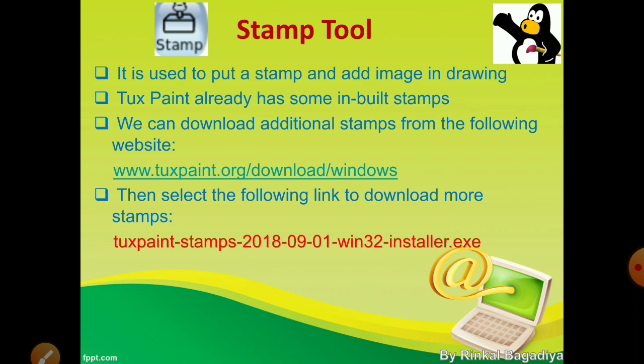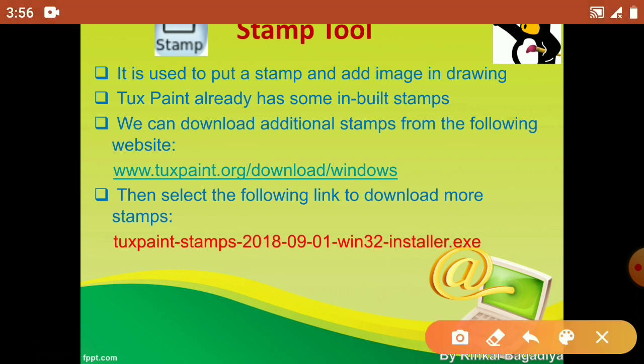But if we want to download more stamps, then we can use the link given here, www.tuxpaint.org/download/windows. After using this link, you can download more stamps from the internet for free.